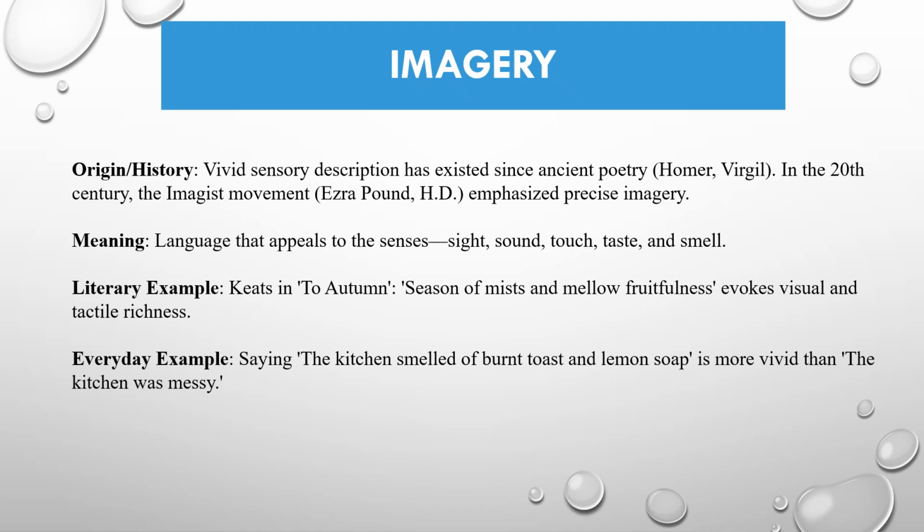Similarly, in your day-to-day life you use such language, like you may say the kitchen smelled of burnt toast and lemon soap. That gives some kind of tingling to your senses. Smell, you comprehend that thing in your mind.